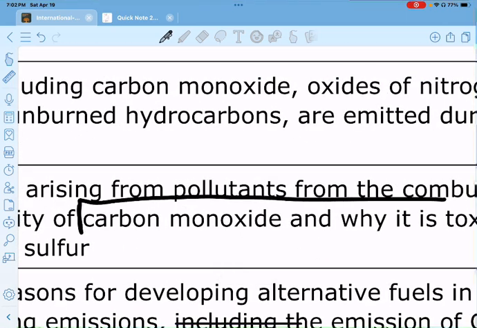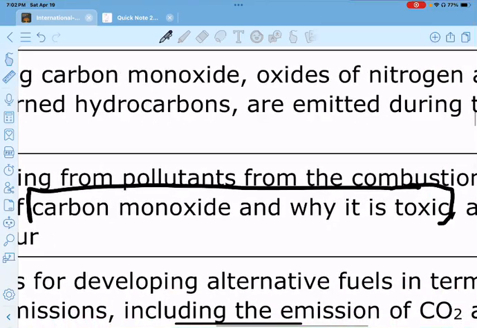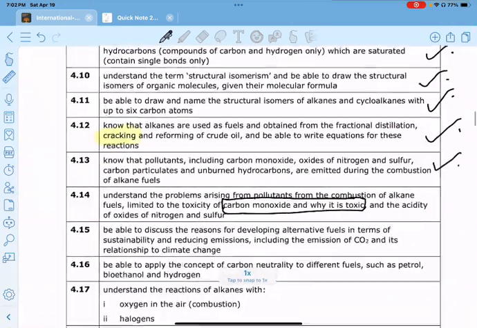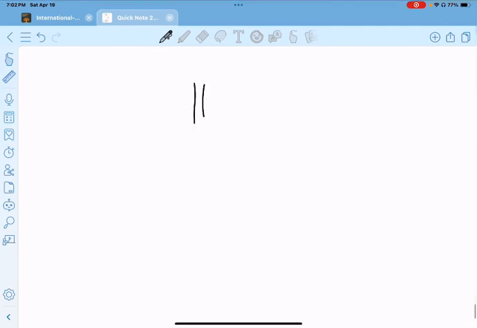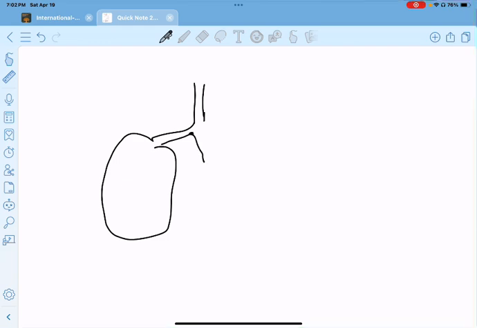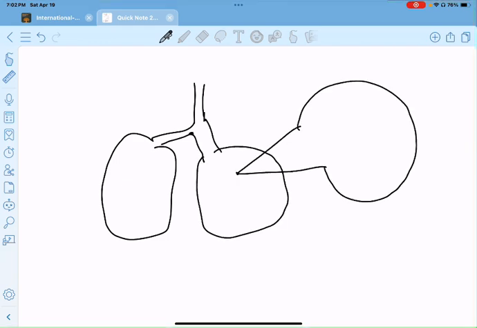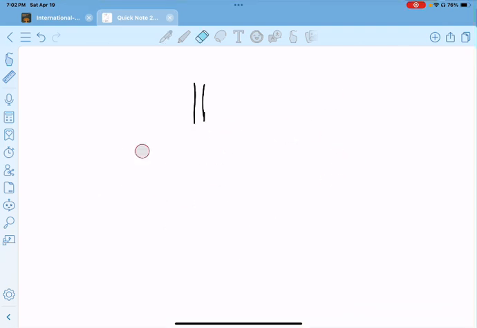Why is carbon monoxide toxic? Let's look at a bio demonstration here because you're supposed to know this actually. In your lungs, you're not supposed to explain it like this actually. Let me just explain it a better way.